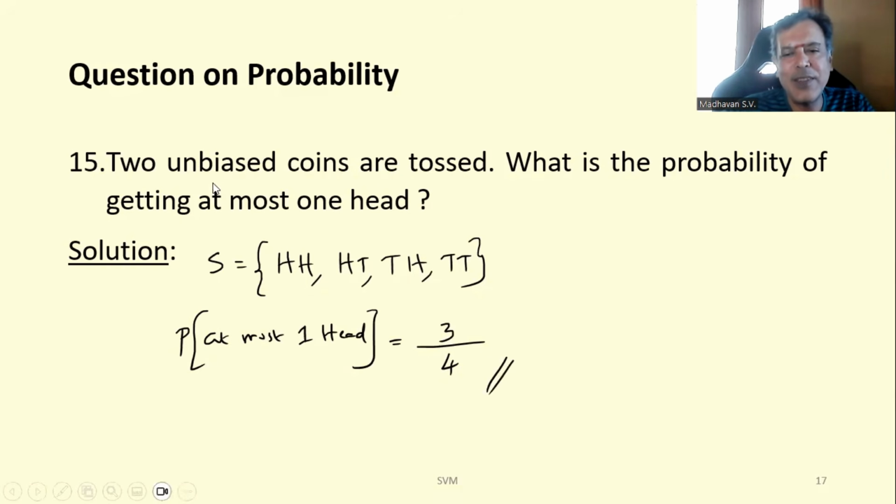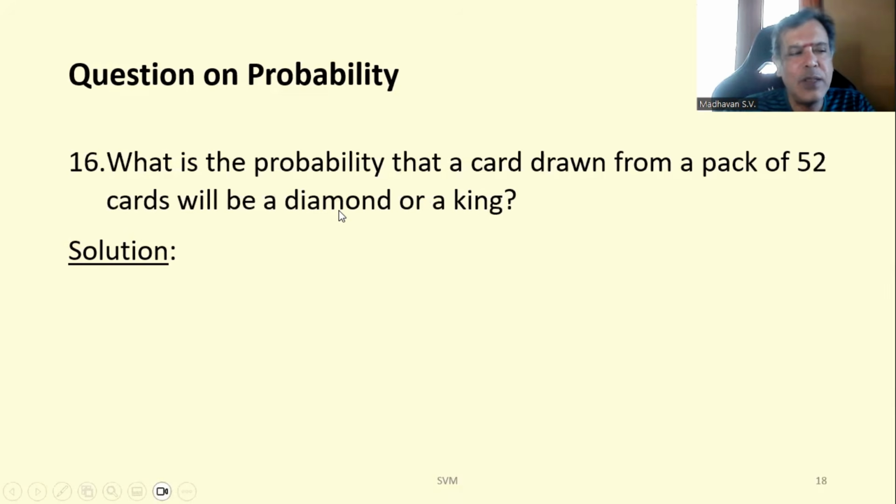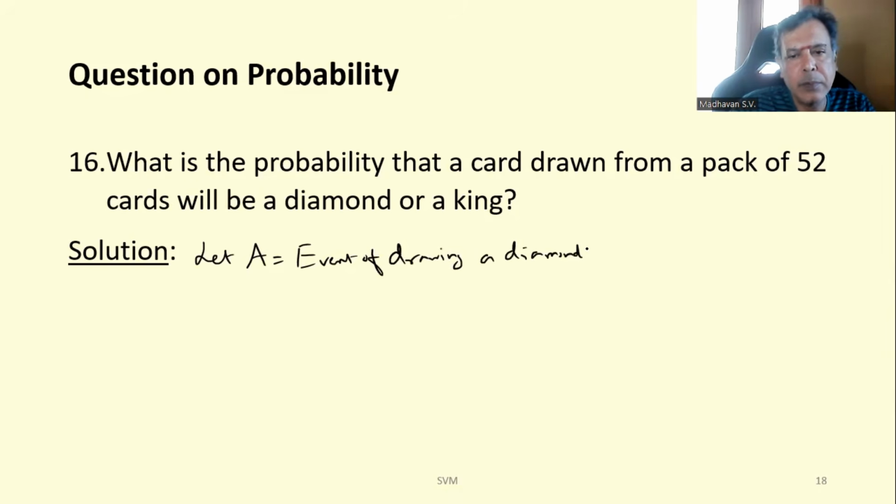Let us move on to the next. What is the probability that a card drawn from a pack of 52 cards will be a diamond or a king? Let us define A as the event of drawing a diamond, and B as the event of drawing a king.